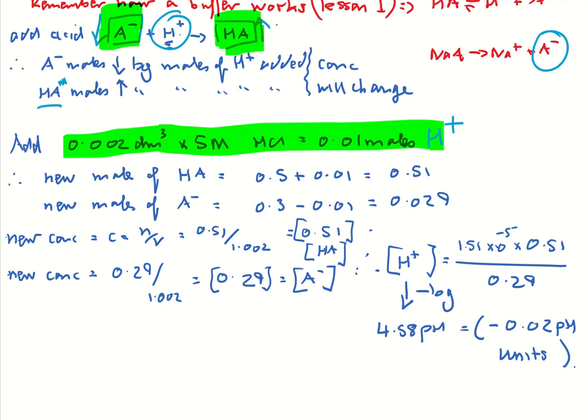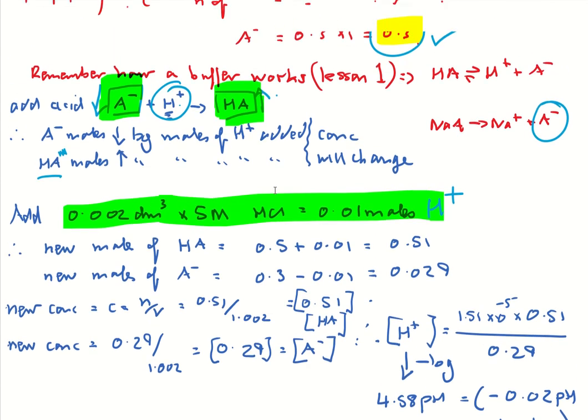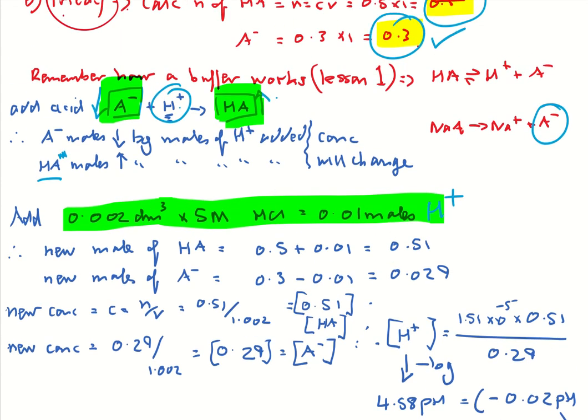Remember we said just above that if I add H+ ions, the amount of acid goes up by that extent. We added 0.01 moles of H+ ions. We had originally 0.5 moles of HA, so we now have 0.51 moles of acid, or HA. That's my new moles of HA.